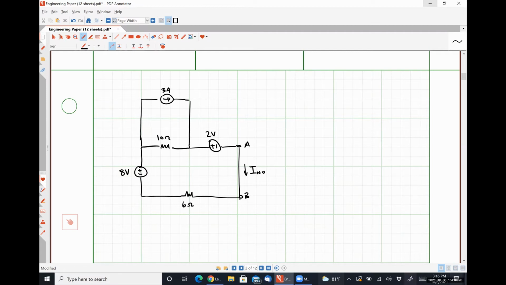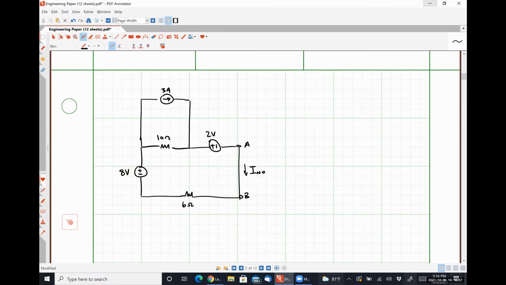So I can't just look at the portion of the circuit that contains the 8-volt source, the 2-volt source, and the 6 ohm, because that's not a complete path, right? There's a 10 ohm resistor in between there that we have to pay attention to as well. So yeah, the Norton current does flow only through the 2-volt source, the 6 ohm resistor, and the 8-volt source. That is correct.